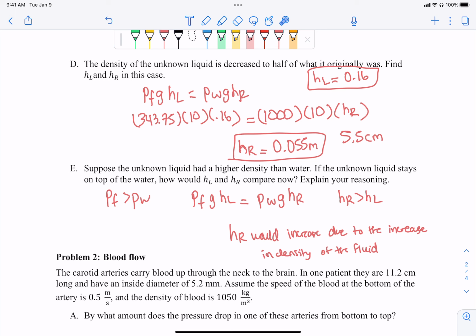Since your fluid on the left is going to be denser, but you're adding the same amount, it's just amount versus density. If I'm adding the same volume, then my height would remain the same. But a greater density would kind of push the water on the right to go up higher, basically.